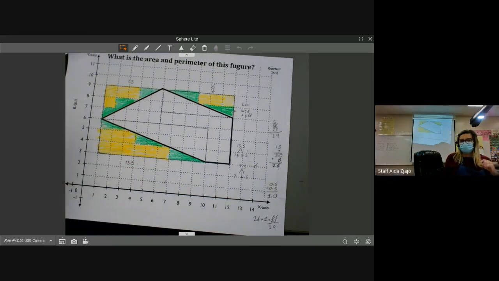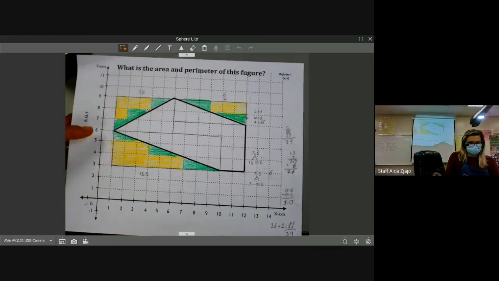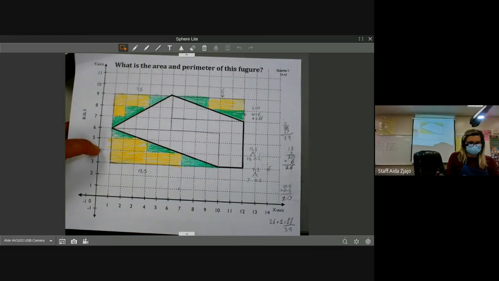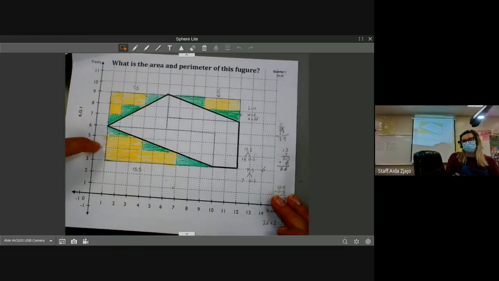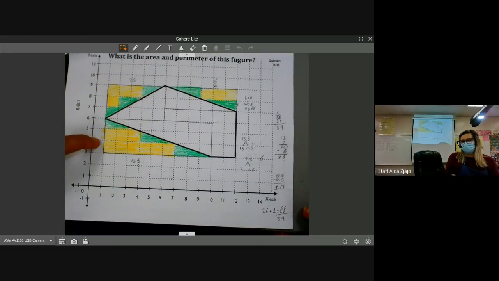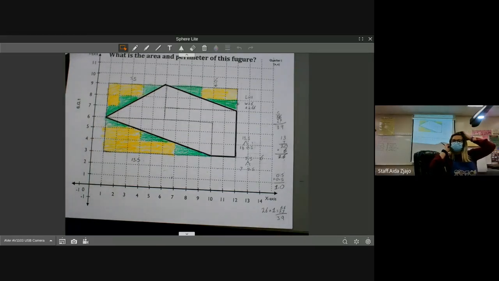So I did 13 plus 7, and I got 20. Then I added 6, which is 26. And then the 0.5, there were 2 of them, so I added them together. They made 1. I added that to the 26, which is 27, and then I subtracted from 66 and got my answer.